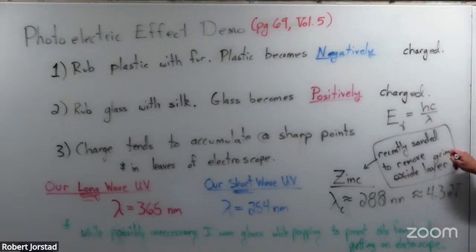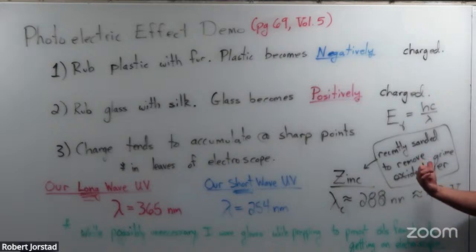There could be grime on there, dirt, it could be an oxide, whatever it is. I don't know exactly what was on the piece of zinc, but if you don't have a fairly clean piece of zinc, this might not work. And notice I sanded it. I read a note somewhere that you don't want to use steel wool because steel wool will sometimes have some oils in it to keep it from rusting, and so that will defeat the purpose. You'll get oils on there, and then that screws up the experiment sometimes.